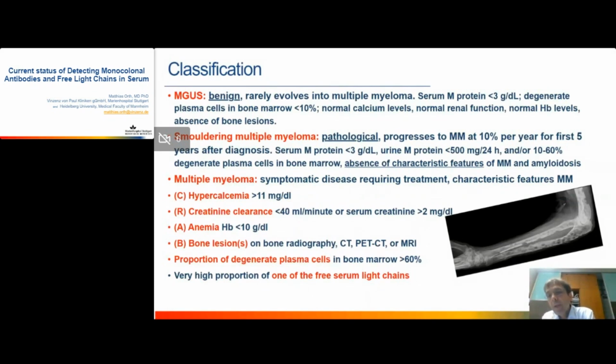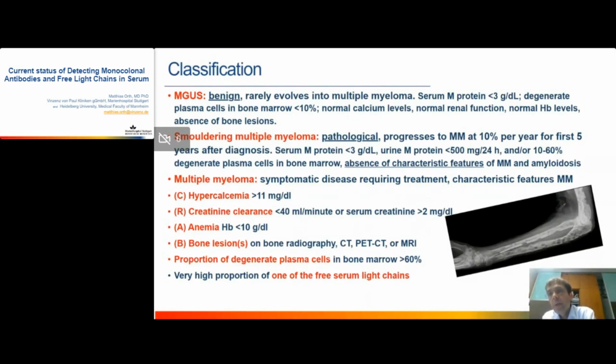A patient like this is shown on the right-hand side, and everybody can see that there are numerous bone lesions, and it's clear that this patient will also suffer from this high calcium in his serum, which also damages the kidneys. In these patients with multiple myeloma, we also have a higher proportion of one of the two serum light chains.